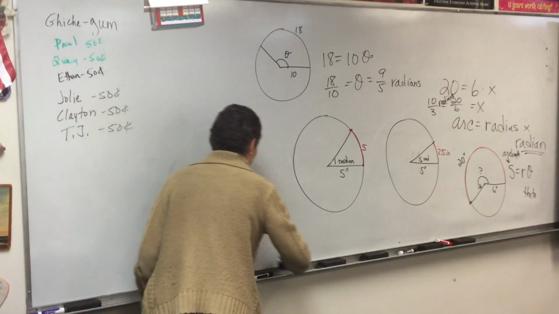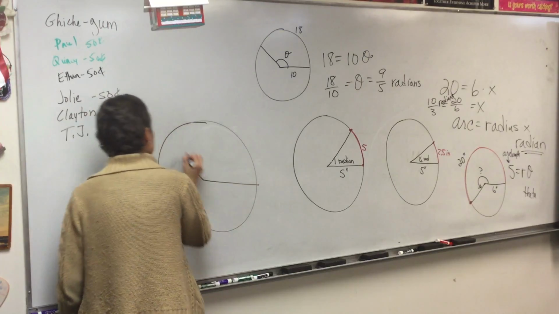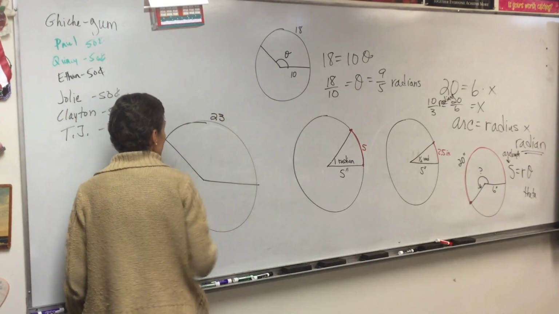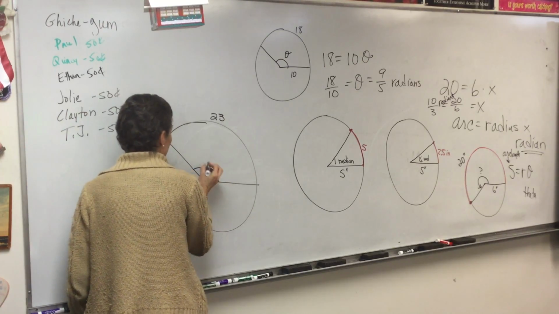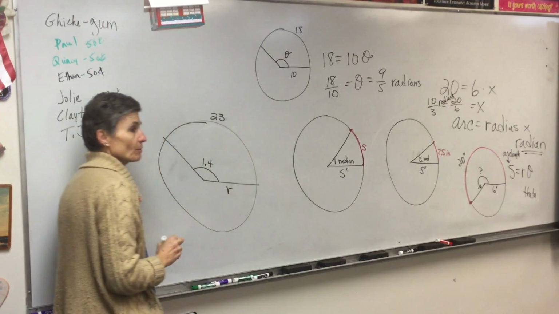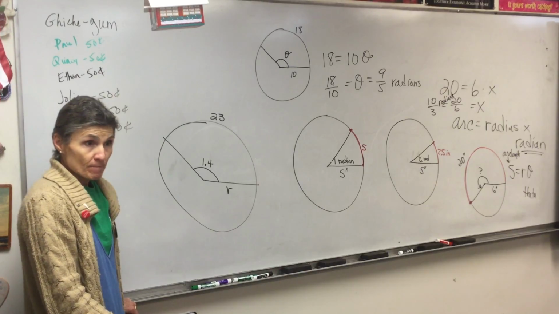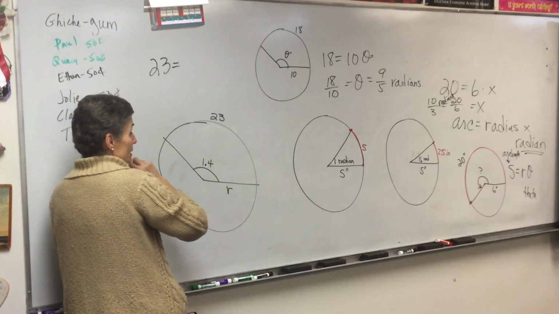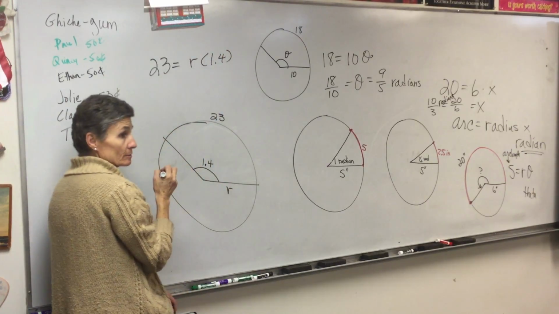Be a little different here. How about if we know that the arc length is 23 and the angle is 1.4 radians, could you find the radius? Yes, because we know arc length equals radius times radians.